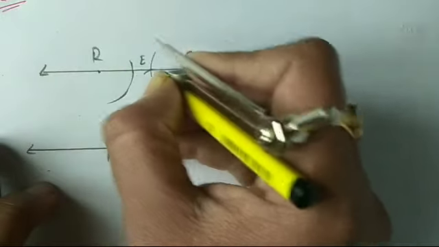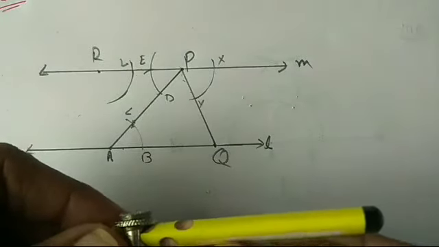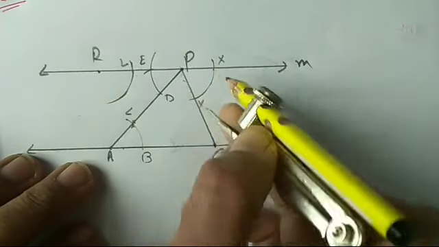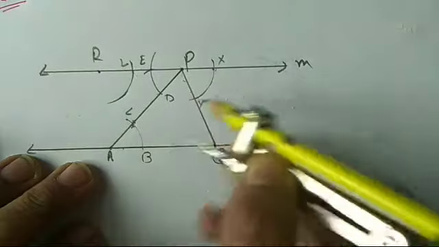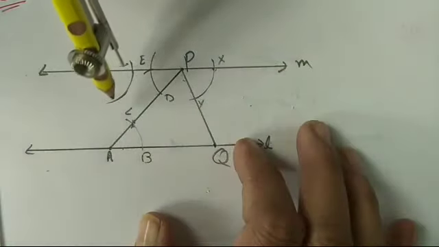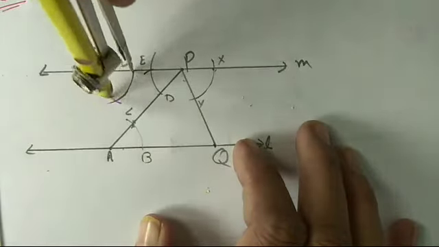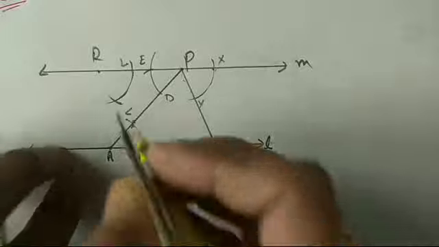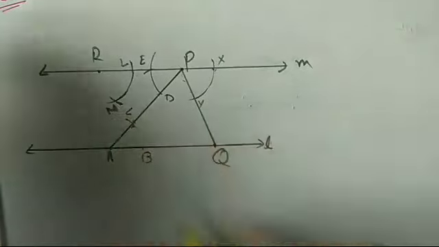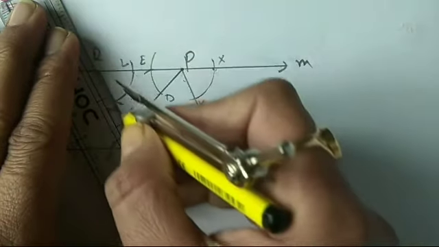So this is point suppose L. Now we are going to measure this length of the arc, the opening, that distance between Y and X. Then with the same distance we'll cut an arc, taking L as a center. So this is the required intersection. Let this be N. Now we'll draw a line passing through RN.